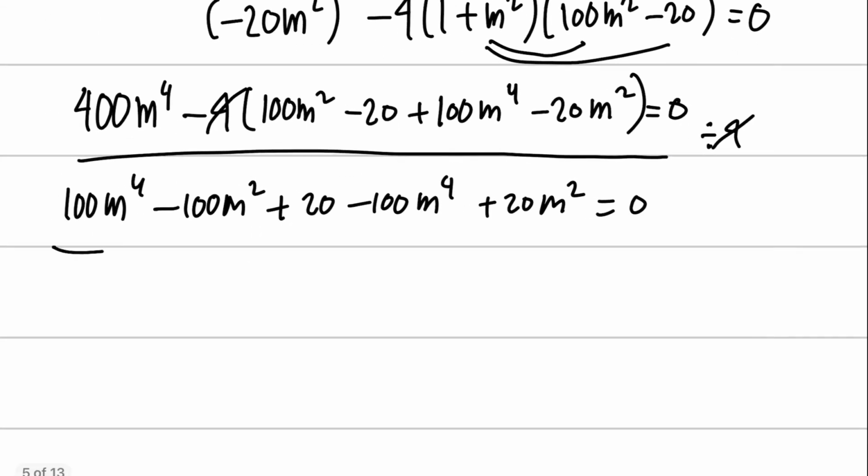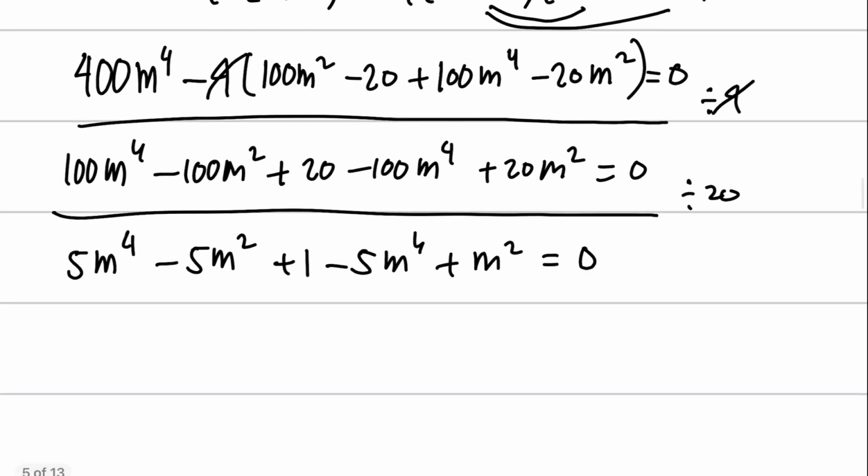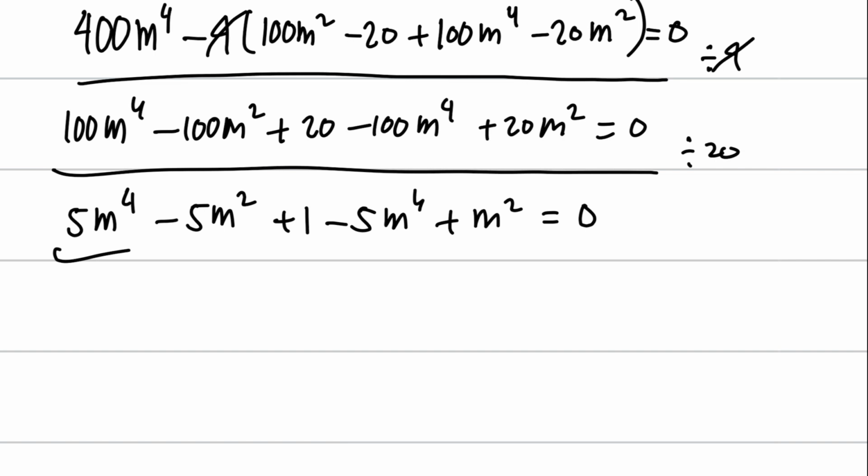All of them we can divide by 20. Thank God. We have 5m to the power of 4 minus 5m squared. And then plus 1, we have minus 5m to the power of 4 plus m squared equals 0. You can combine this with this, and thank God, cancel.